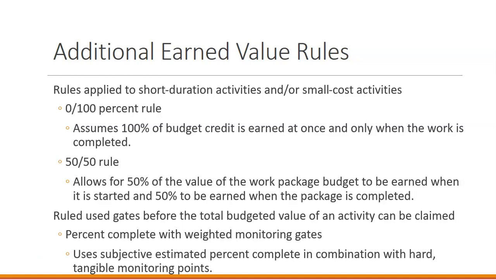So regardless of completion, we would say no more than 20% can be earned at the date of part A, no more than an additional 30% at part B, and then up to 100% at part C. This looks at when we're actually paying out also, if we pay out to our contractors based on their percentage of completion of cost.